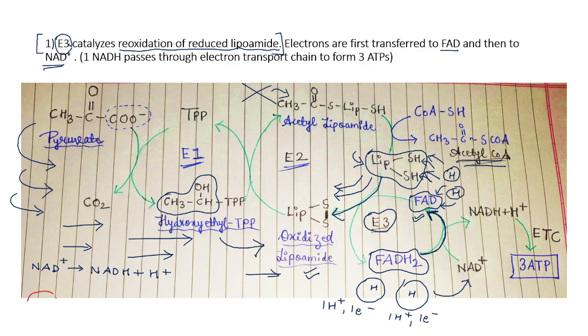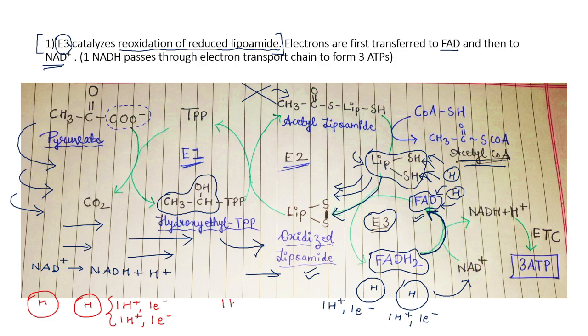so if I write 2 hydrogen atoms over here, and we know that in one hydrogen atom there is 1 H+ and 1 electron minus. So in 2 hydrogen atoms I have written 1 H+ plus 1 electron. It should be noted that when the NAD+ will accept hydrogen, it will accept 1 hydride ion.